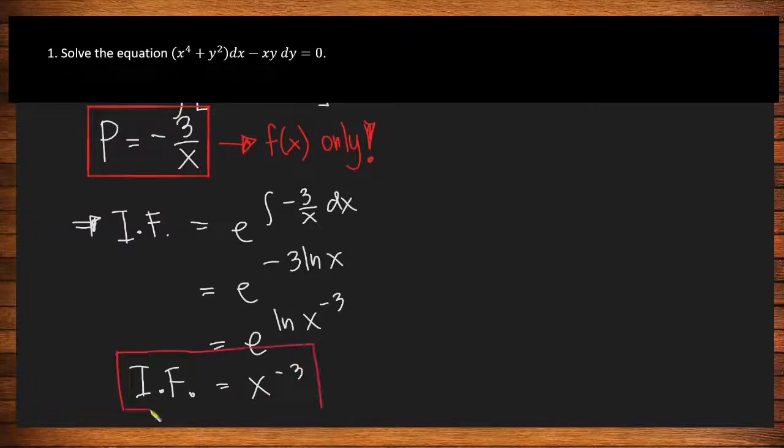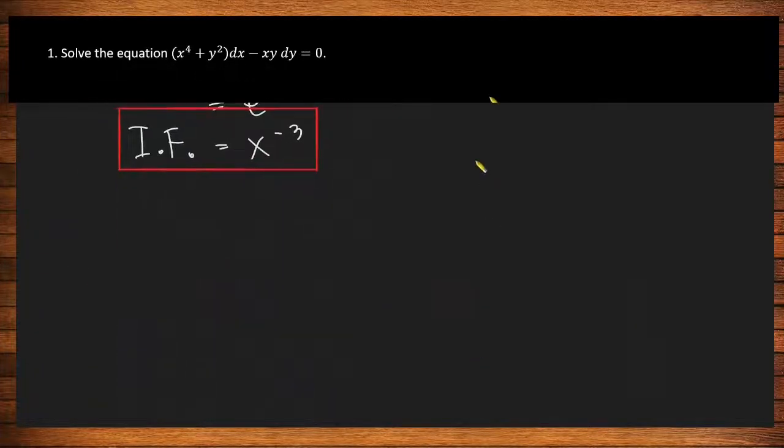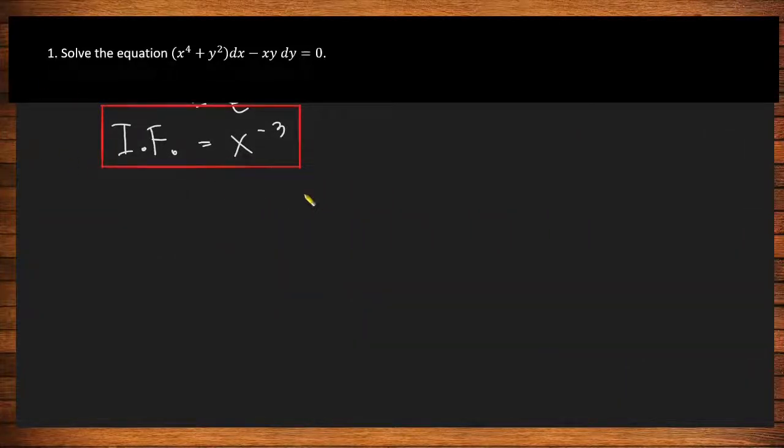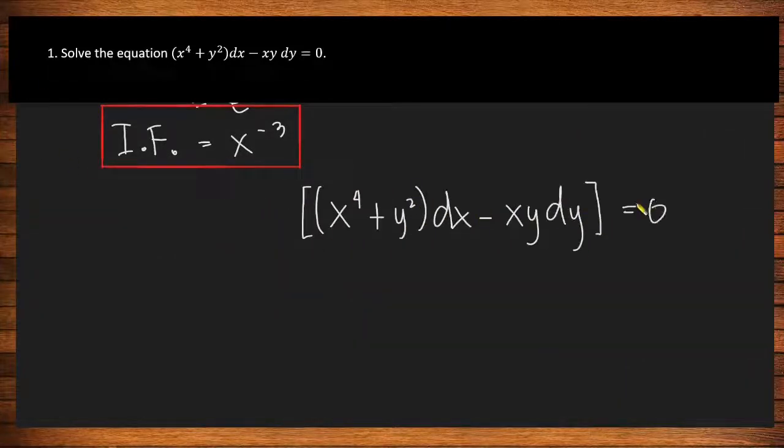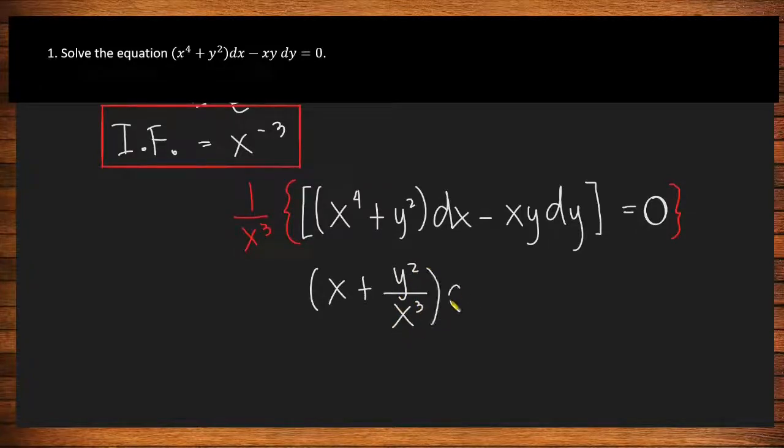So next thing that we will do is we will simply multiply this integrating factor to both sides of our non-exact equation. So we will now have (x plus y squared) over x cubed dx minus y over x squared dy equal to 0.